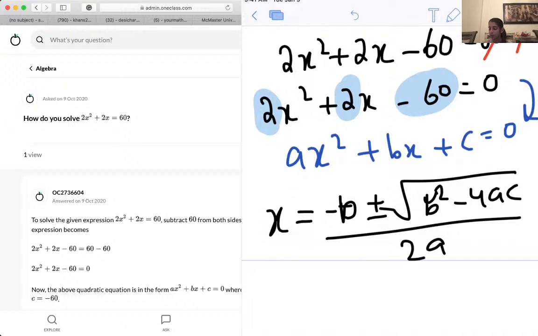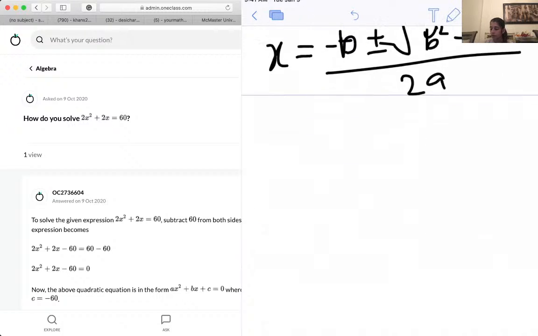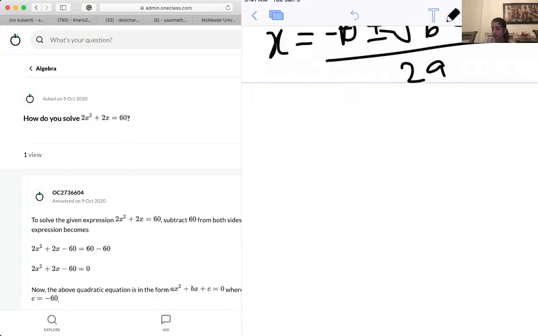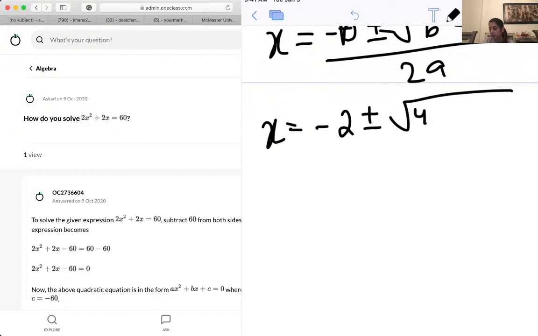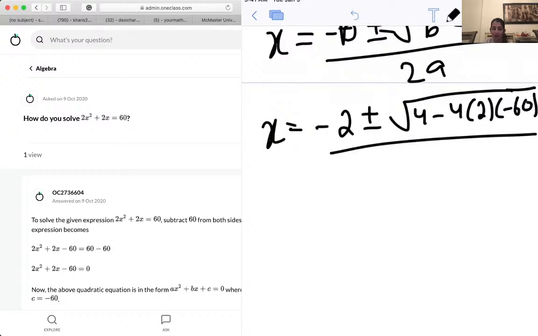So we can put that into our equation. So x is equal to negative, our b value is 2, plus or minus the square root of b squared, which is going to be 4, minus 4 times a, which is 2, and c is negative 60, over 2a, and a again is 2, so it would be 4.